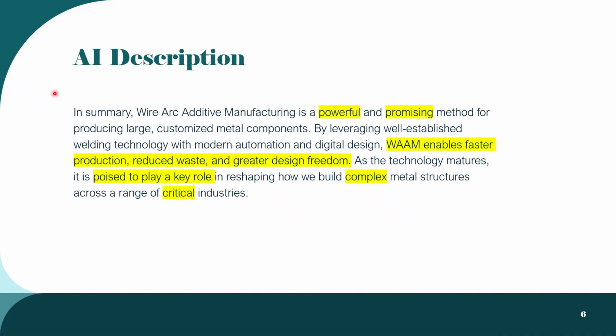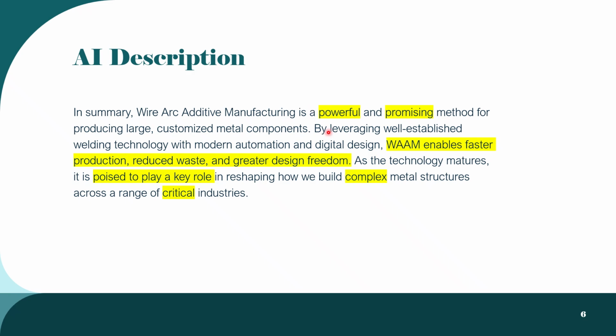Now onto the first assignment that really helped me address my second goal of learning to write technical reports. We have the AI description assignment where we took a technical topic that we were an expert in and used an AI to generate a description. In this case, it was for wire arc additive manufacturing. And we analyzed it to see that the AI wasn't really outputting gold or a lot of substance that an expert would be outputting in their description.